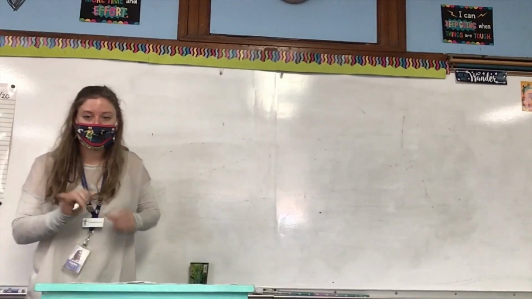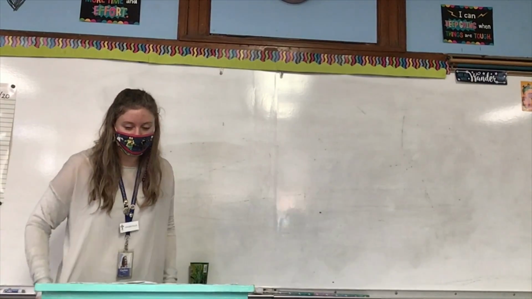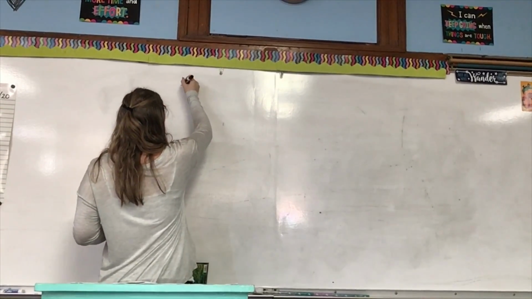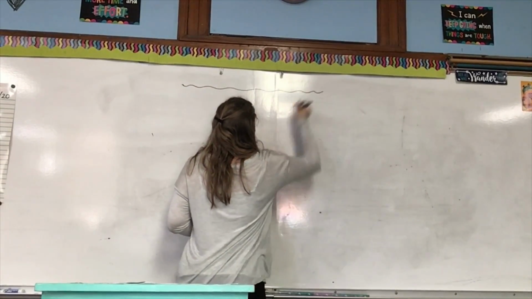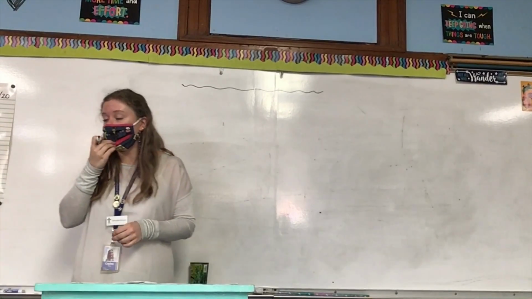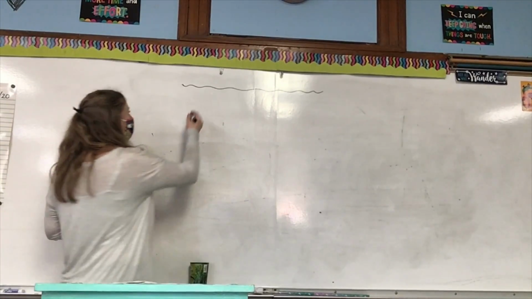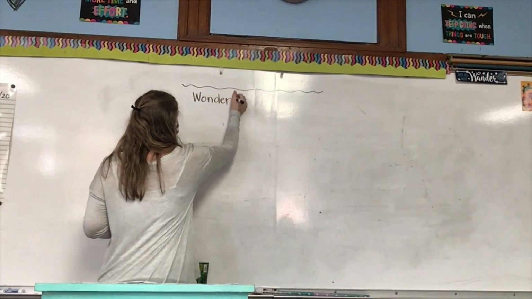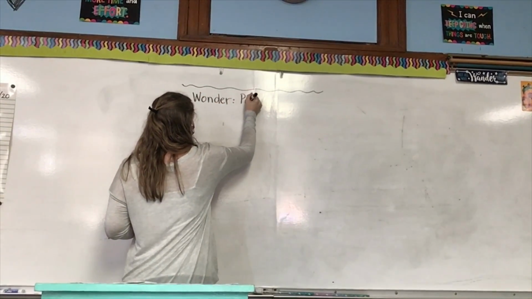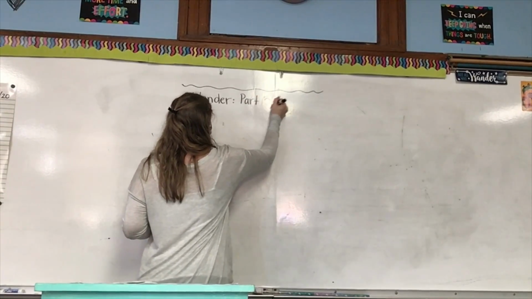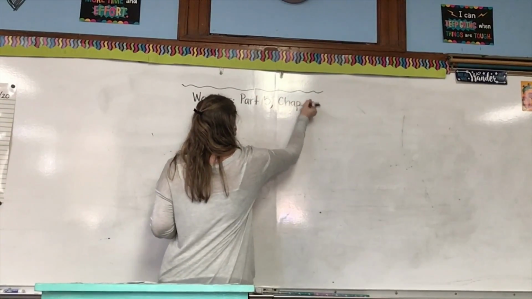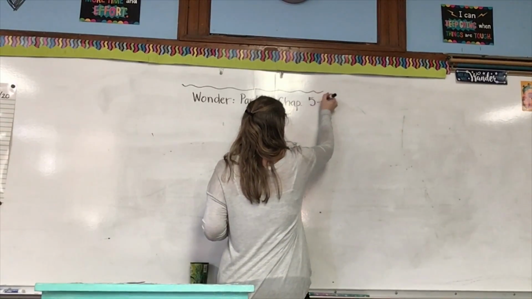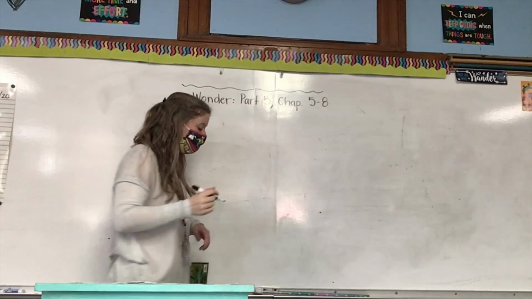Okay, so we are continuing with part 5. Underneath number 1, go ahead and draw a squiggly line. Then you need to title this part of your Wonder vocab: Wonder Part 5, Chapters 5 through 8.